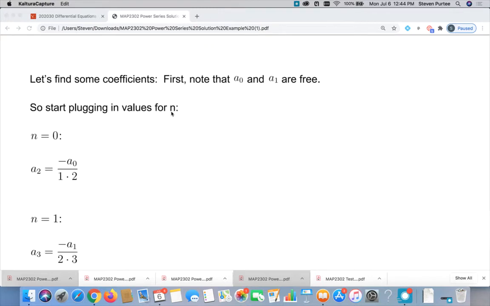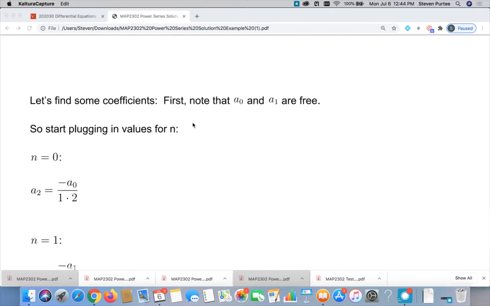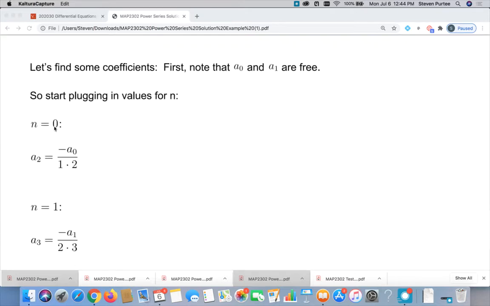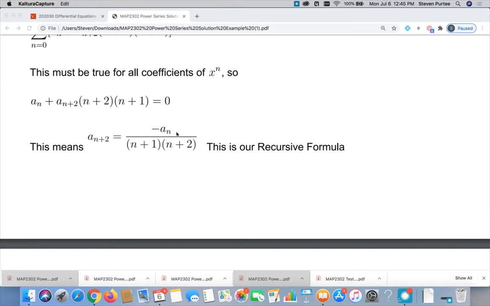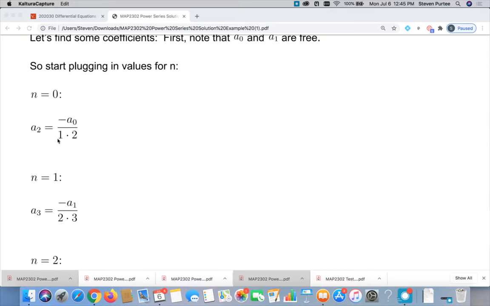So let's start plugging in values of n here. I'm going to use this formula and try to notice a pattern for my a7, a8, a9, and so forth. So if I plug in n equals 0, try this on your own, in all of these use this formula, I get this expression for a2.